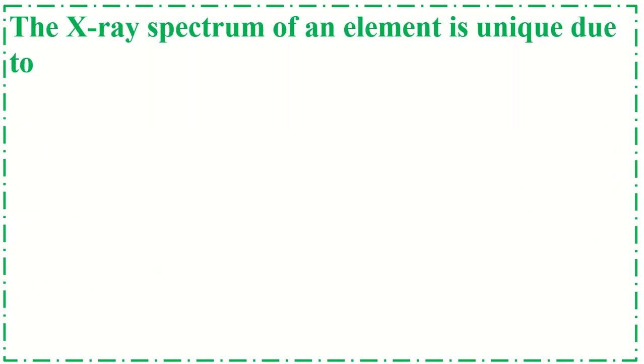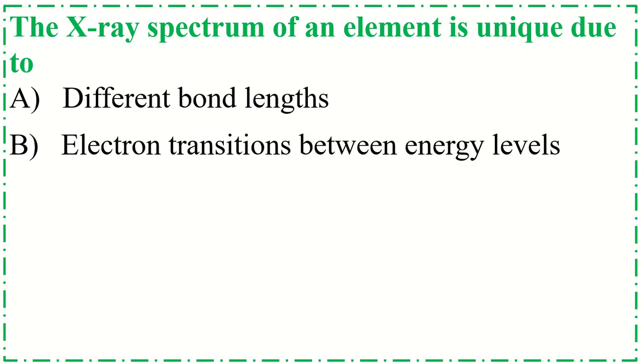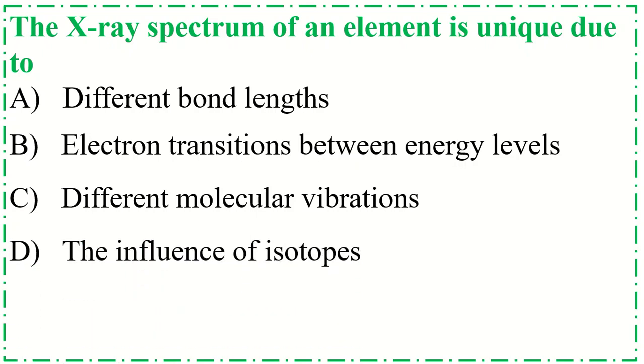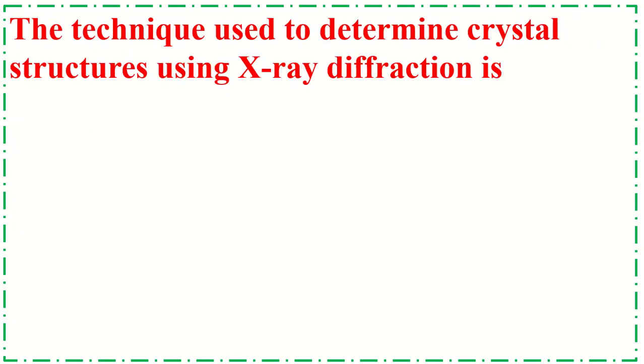The X-ray spectrum of an element is unique due to: option A, different bond lengths; B, electron transitions between energy levels; C, different molecular vibrations; D, the influence of isotopes. Correct option is B, electron transitions between energy levels.